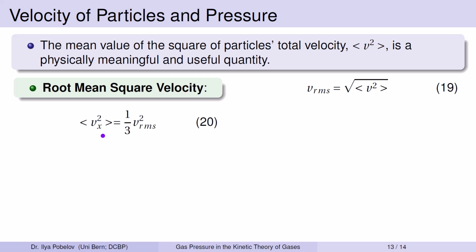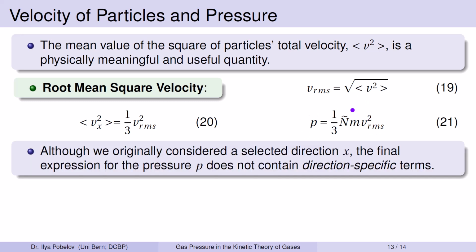The mean square of the particle's velocity projection onto any axis, such as x, can therefore be represented as 1/3 of VRMS squared. Substituting this into the earlier expression for pressure gives P equals 1/3 of n tilde times m times the square of the particle's root mean square velocity.